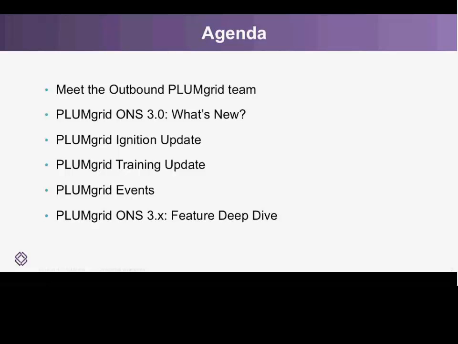Give you a quick update on Ignition, just a recap of what we're doing there, an update around training and the upcoming events. And then in the last and second part of the webcast, we're going to cover each new feature in the ONS 3.0 and 3.1 release in a little more detail.